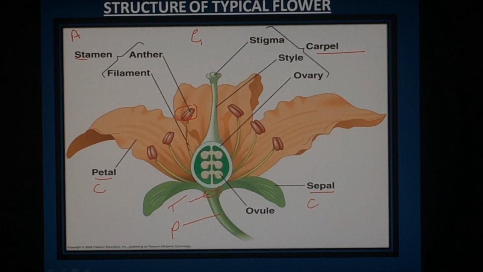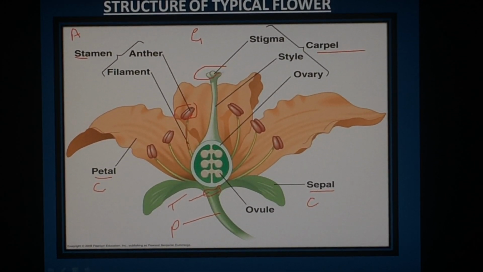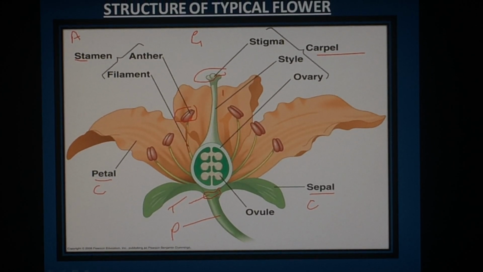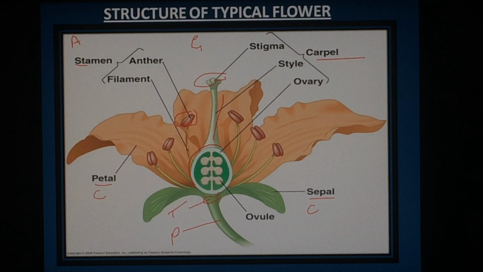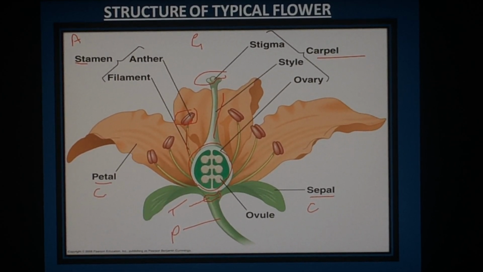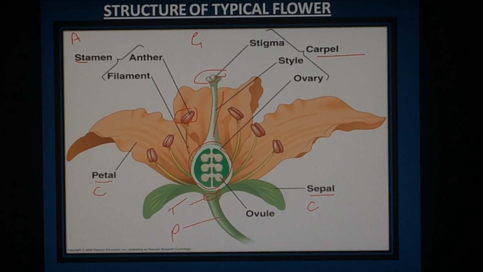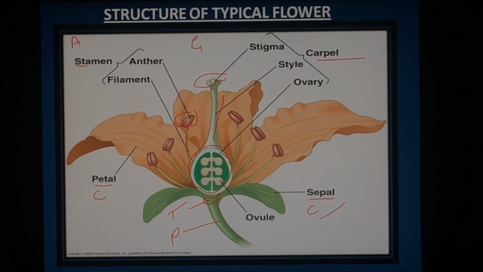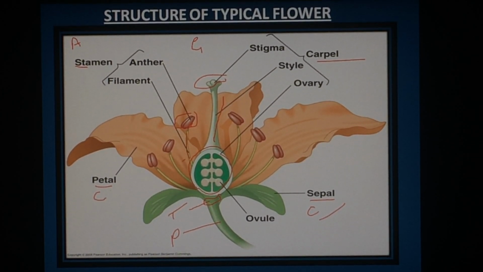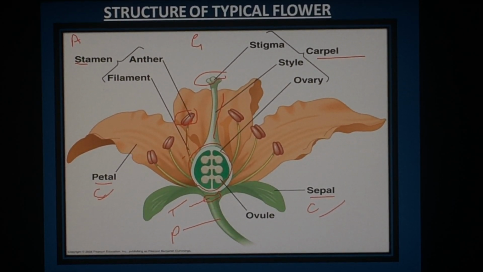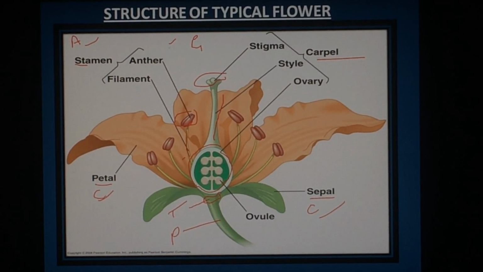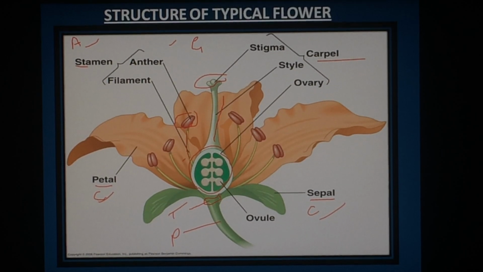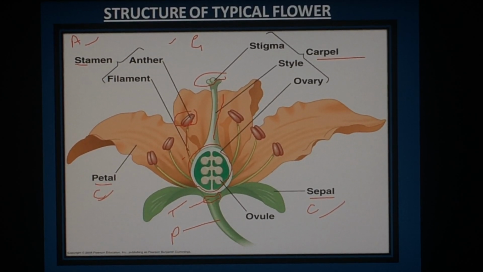Carpel parts are stigma, style, very important, ovary. So, calyx, corolla, androecium, gynoecium. These are the four whorls which are present on the thalamus.